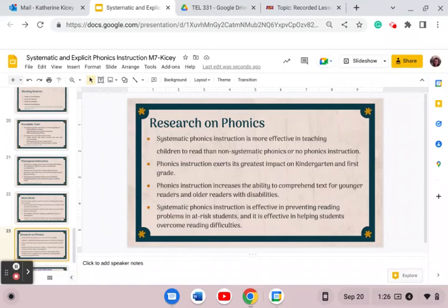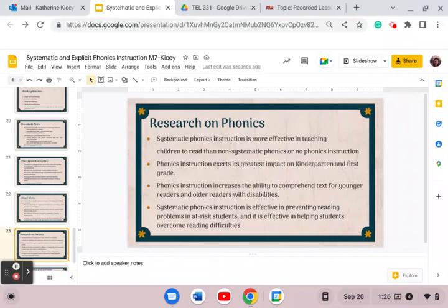Thinking about where a child's at, what they need, and then doing the I do, we do, you do model for the specific skills. So if you do systematic phonics instruction, it's more efficient than a non-systematic phonics instruction or no phonics instruction. And it's very rare that you see no phonics instruction anymore.